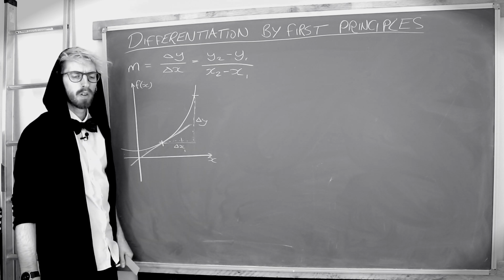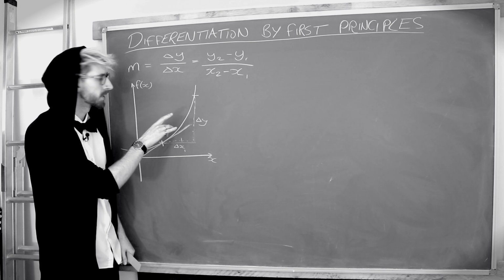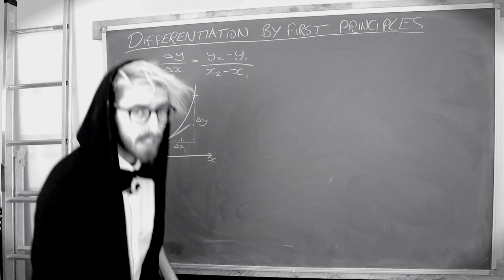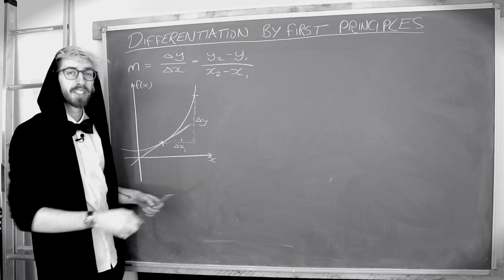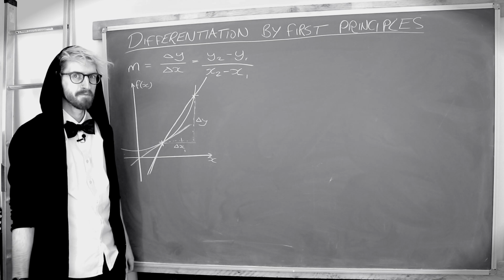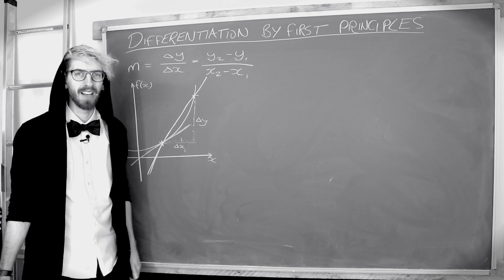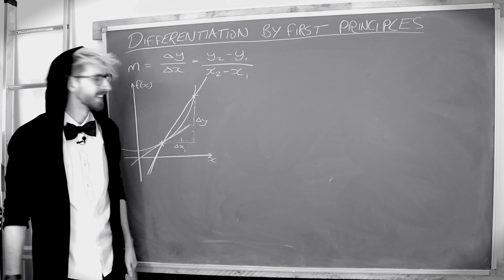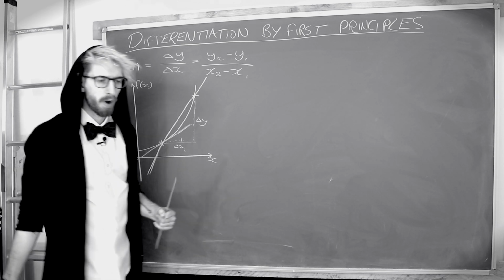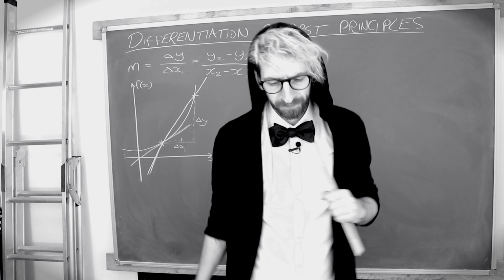But you see, there's a problem. If I did that, you're not doing the gradient at this point, you're actually doing the gradient of that line, which isn't even the tangent. So this is a problem. This is not what we want.